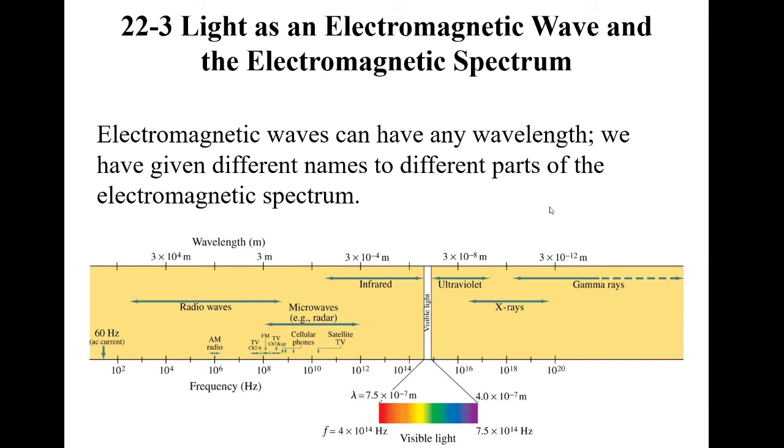And before we finish up, let's talk about electromagnetic waves and the electromagnetic spectrum. Now, we classify electromagnetic waves into categories according to their wavelength and frequency. Now, this area here represents all visible light, and that's light we can see.